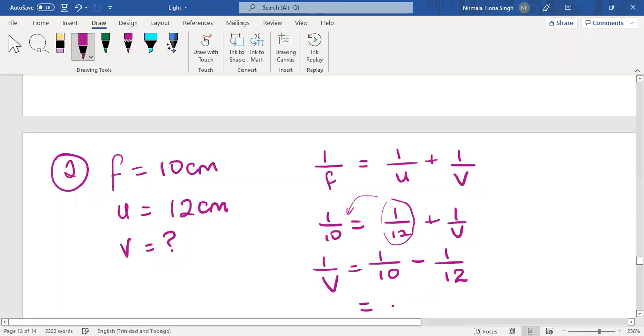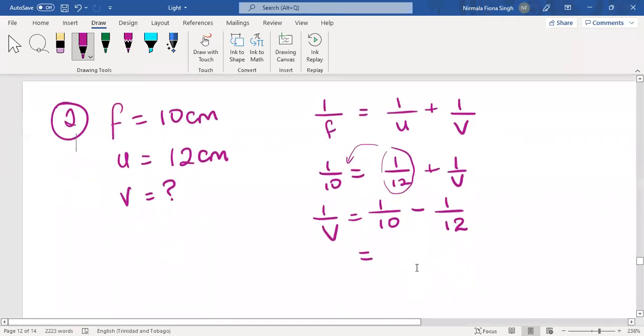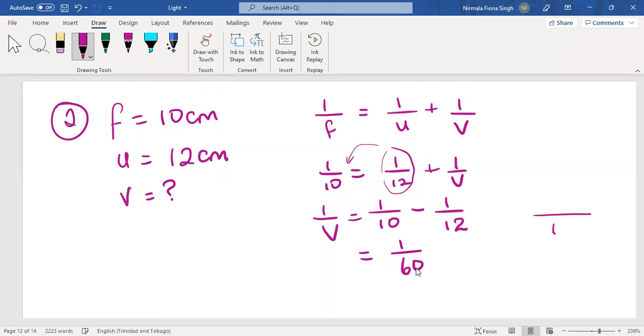If you work that out, let's check this quick, the LCM of those two. The LCM of 10 and 12 is 60. 10 into 60 is 6. 12 into 60 is 5. 5 by 1 is 5. 6 minus 5 is 1.